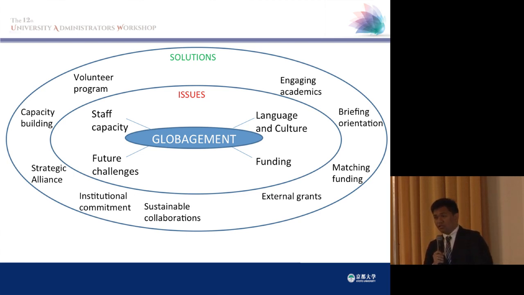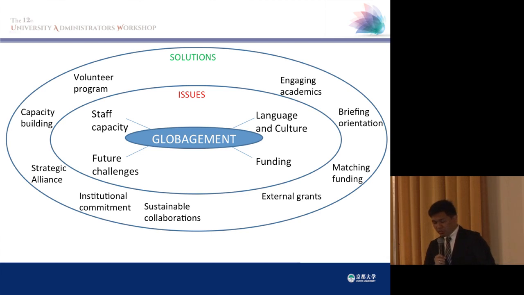As I mentioned before, there are some problems for our students who go to a different country. As for engaging academics, this refers to our academic faculties, more of foreign faculties, from whom we can seek advice, help, and assistance in terms of translation of several agreements, like offering some tutorial services for our outgoing students in the future.